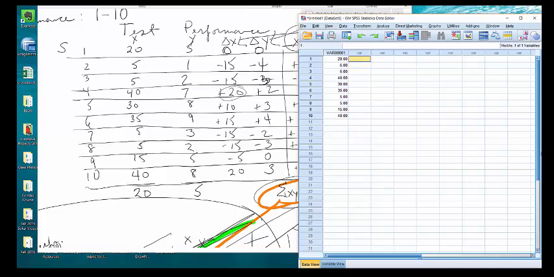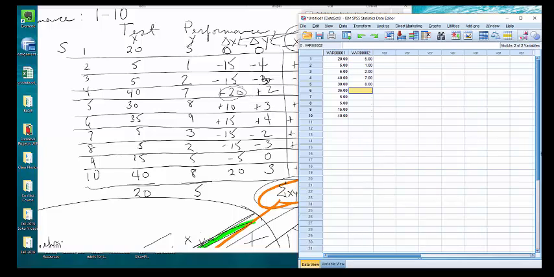And then let's get the measures for the performance, which is a 5 and a 1 and a 2 and a 7 and an 8 and a 9, 3, 2, 5, 8.